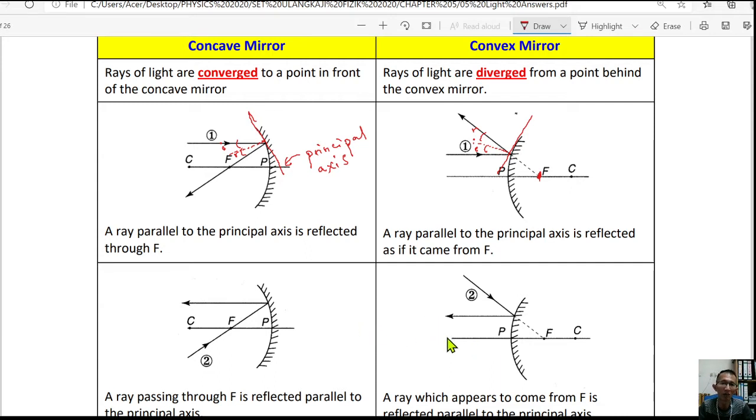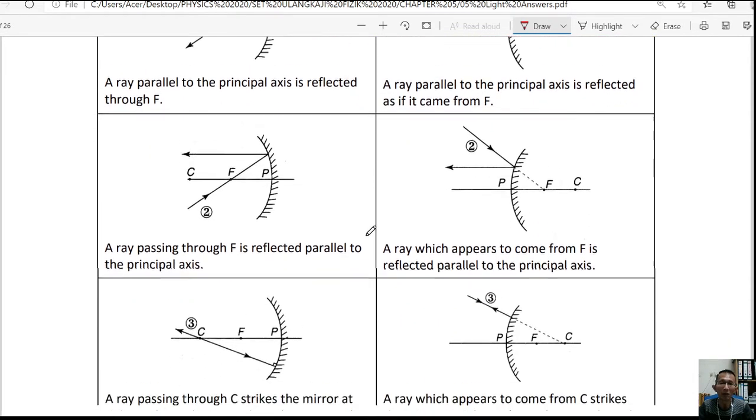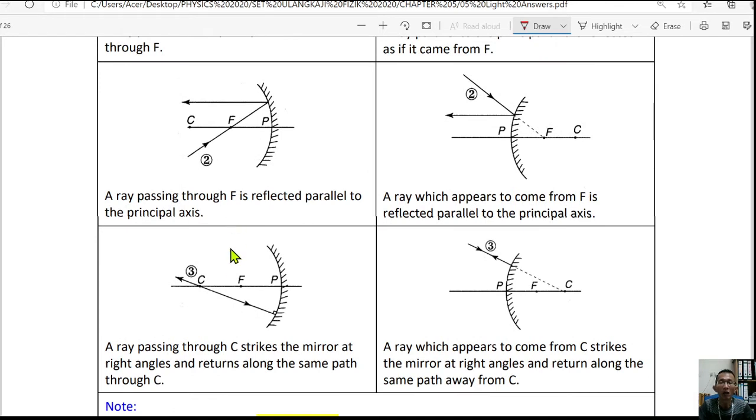Basically the same steps. You need to apply your law of reflection to see where the reflected ray will be. And lastly, the third step. Now this line goes through this point C, the center of curvature.